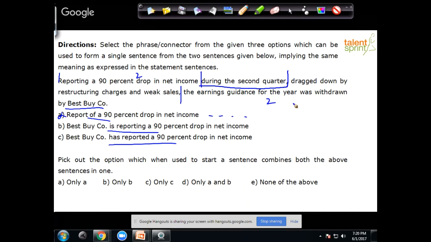Let me just put it down, okay? I'm just going to write it down. Best Buy Co. has reported a 90% drop in net income during the second quarter. I'll just write short forms, okay?